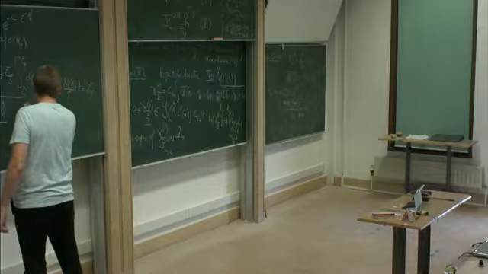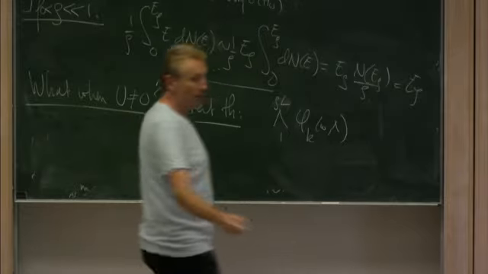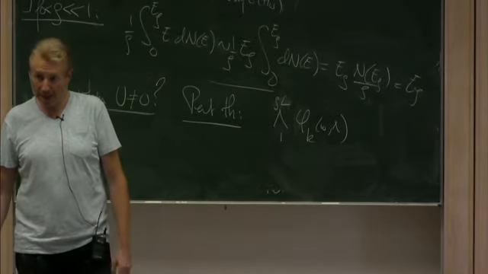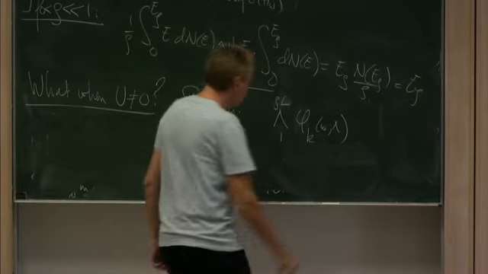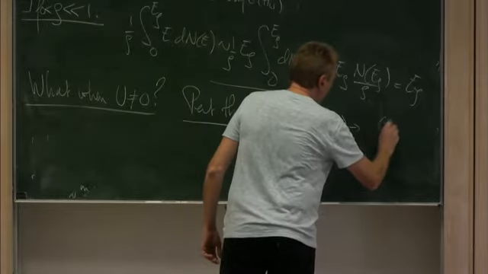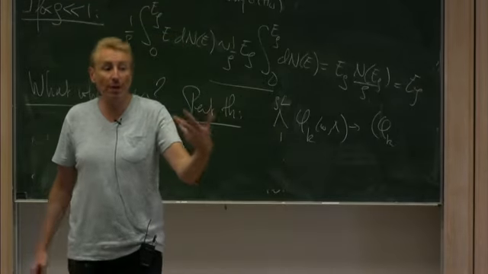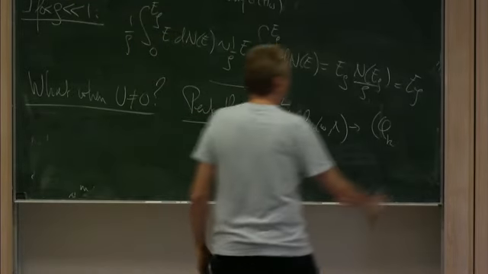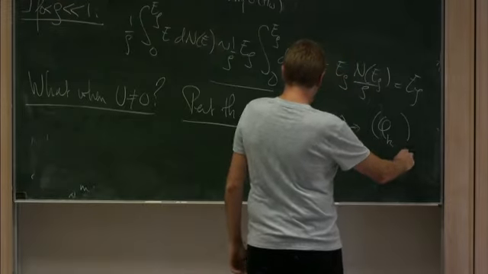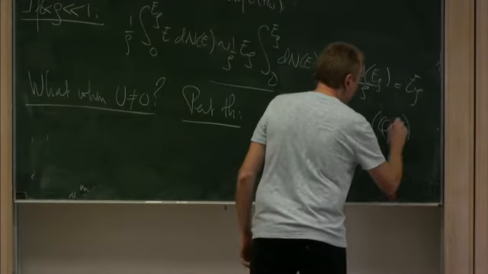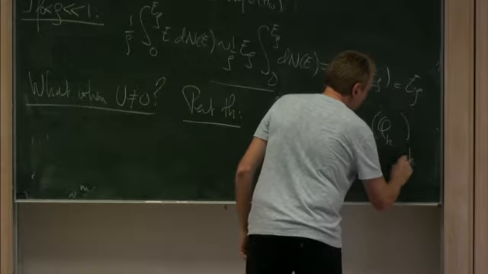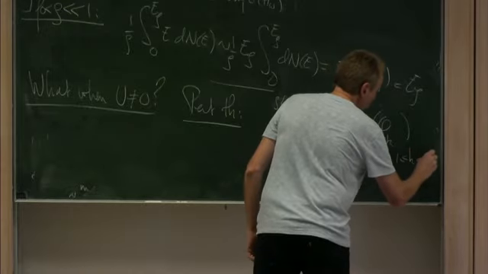And n is equal to rho times L. That's my n. So you need the knowledge of phi k, meaning the eigenfunctions of your non-interacting system, phi k, for k going from 1 to rho times L.